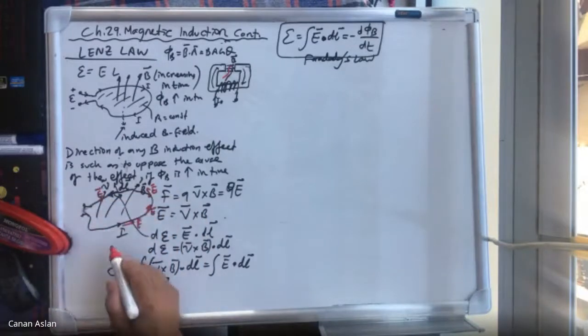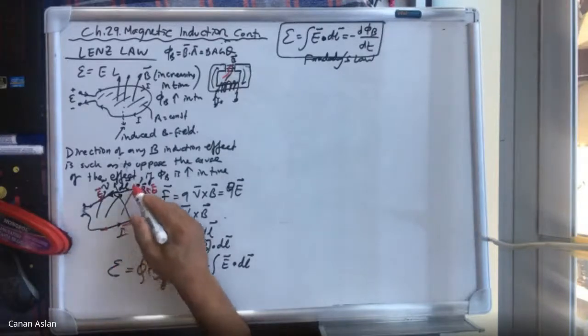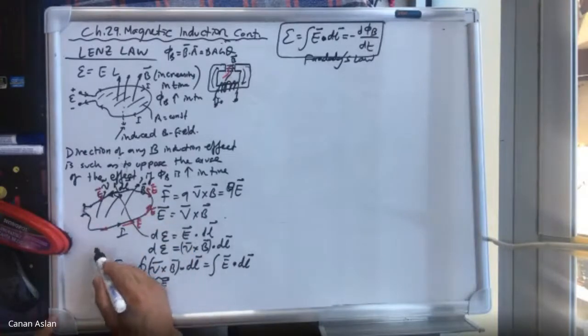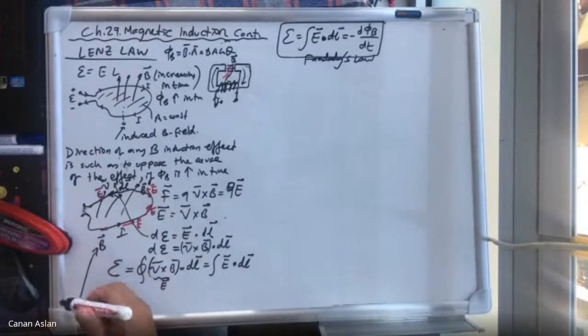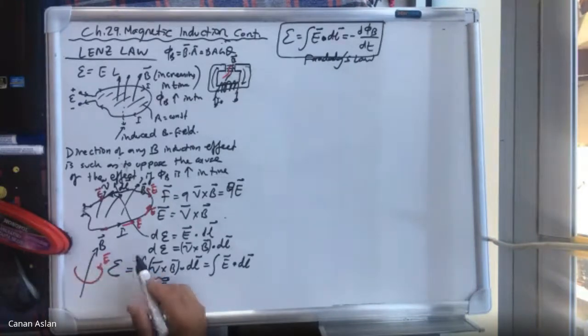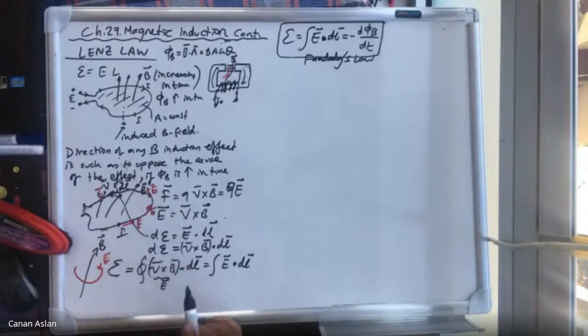As you see, the magnetic field is in this direction, but the electric field will be circulating. The good thing is that they will always be perpendicular to each other. At any point, the electric field will be perpendicular. This is how the electric field is created.